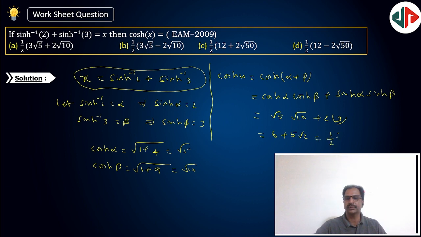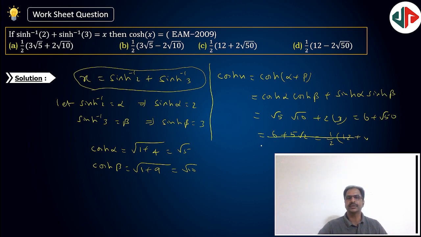Multiply and divide with half into 12 plus 10 root 2. 5 root 2 is nothing but root 50. One second. This is 6 plus root 50, right?